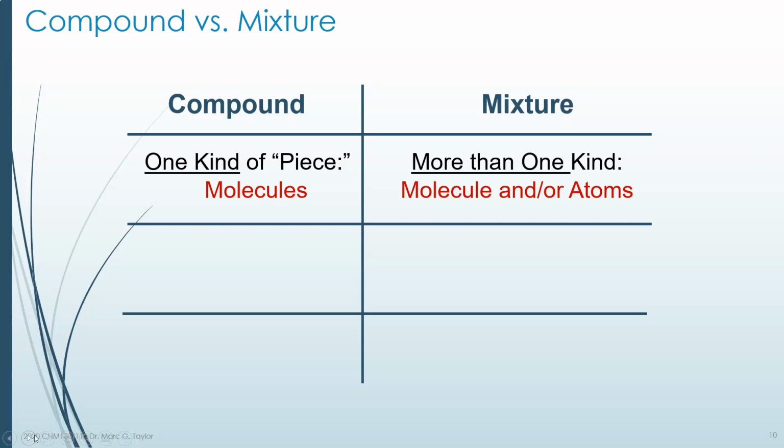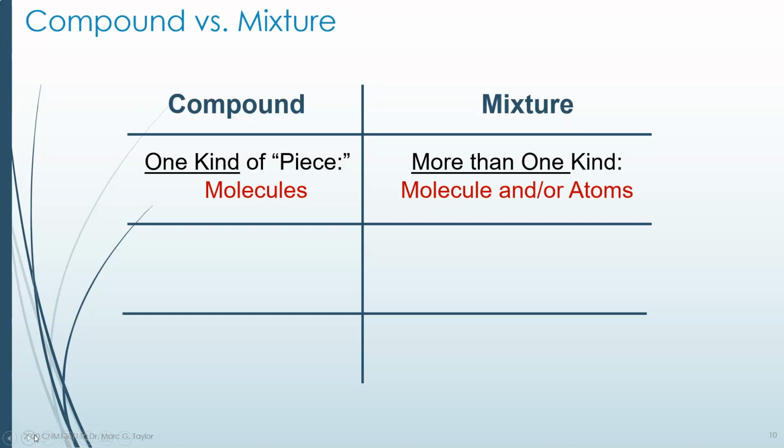I've already mentioned this a couple times, but I'm going to hammer this a little harder here. So a compound is a single piece of a substance. It's a single substance. It's a substance that happens to be made from more than one kind of atom linked together, and we call those molecules. If you have at least two atoms, it's called a molecule. And in this case, these are molecules with at least two kinds of atoms in it to be a compound.